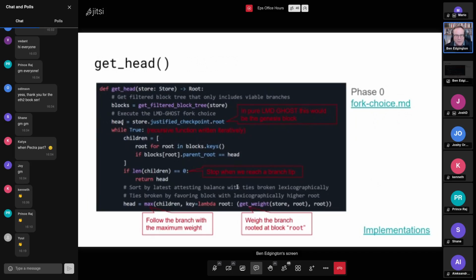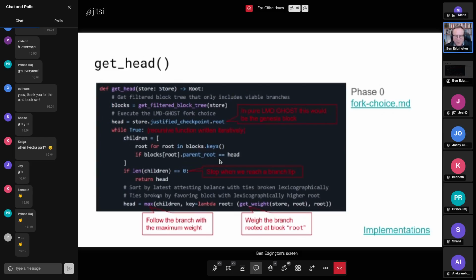So we start with, it's called head, but it's a root at this point. We start with a root of the tree, which in the code is the justified checkpoint root. But in pure LMD GHOST, that would be the genesis block. We'll come to this justified checkpoint thing later. And then this annoys me for reasons I can't quite pin down, but this is a recursive function that's been written iteratively, which offends me.